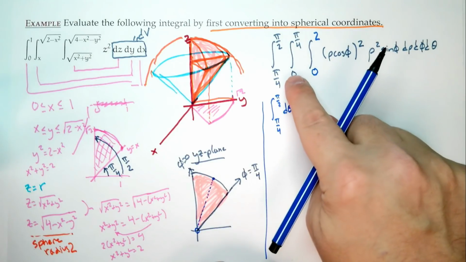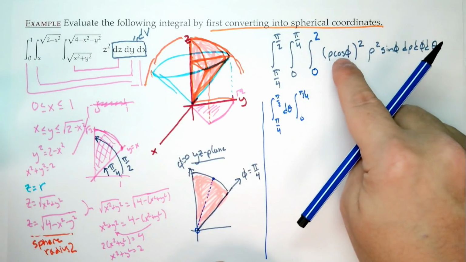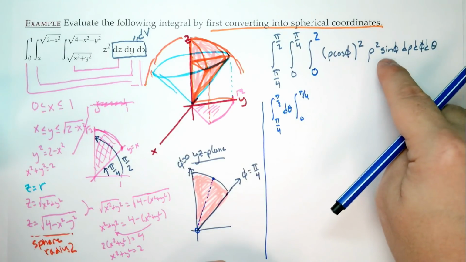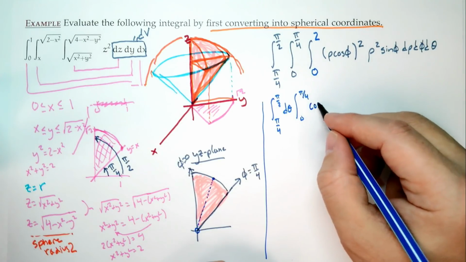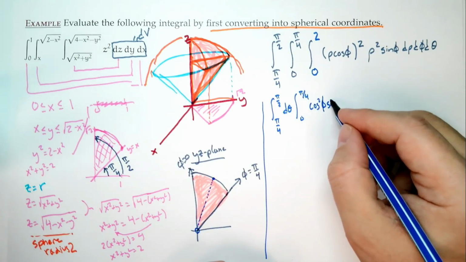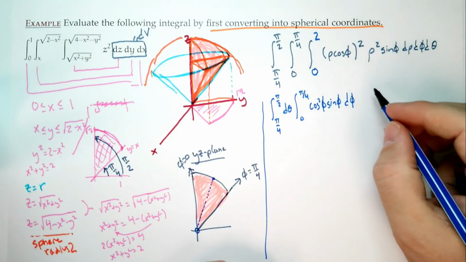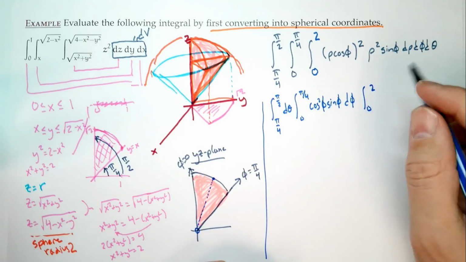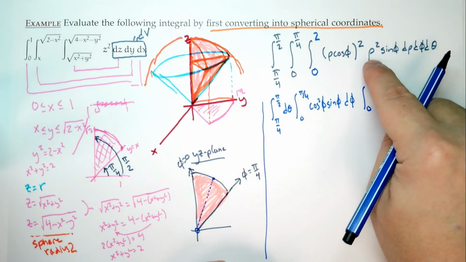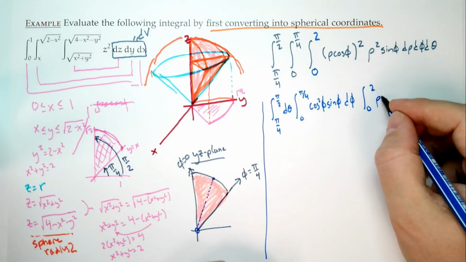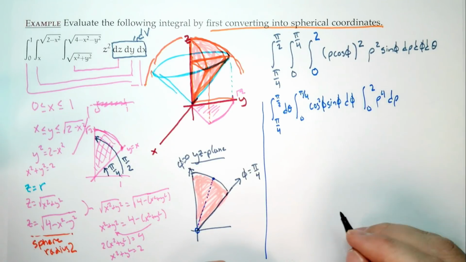Now here, what goes with our phi? Well, there's two things, cosine squared phi and sine phi. So cosine squared phi, sine phi, d phi. And then finally, 0 to 2, rho squared and another rho squared makes rho to the 4th, d rho.